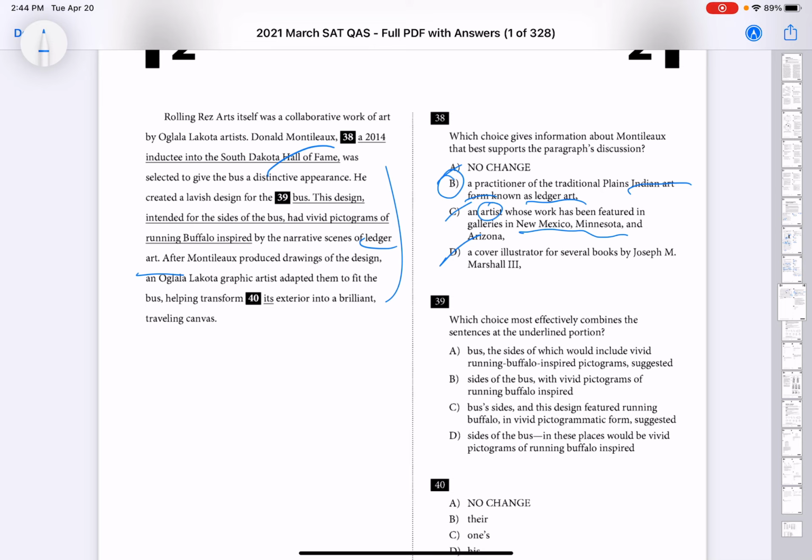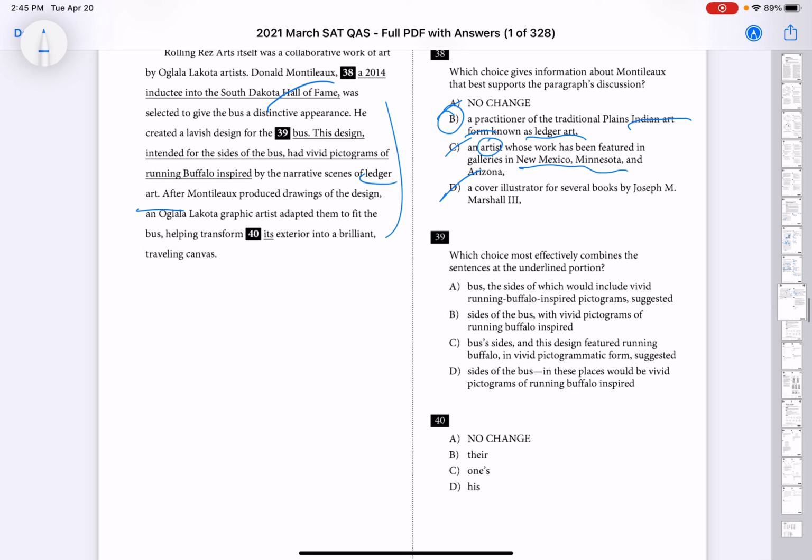Let's look at number 39. He created a lavish design for the bus. The design intended for the sides of the bus had vivid pictograms of running buffalo. So this looks like it's supposed to be combining sentences again. Yeah, and it is. To create a lavish design on the bus, the sides of which would include... okay, that sounds a little bit wordy. They're talking about the past. Sides of the bus with vivid pictograms of running buffalo inspired. It sounds like it could be B just because it's short enough.